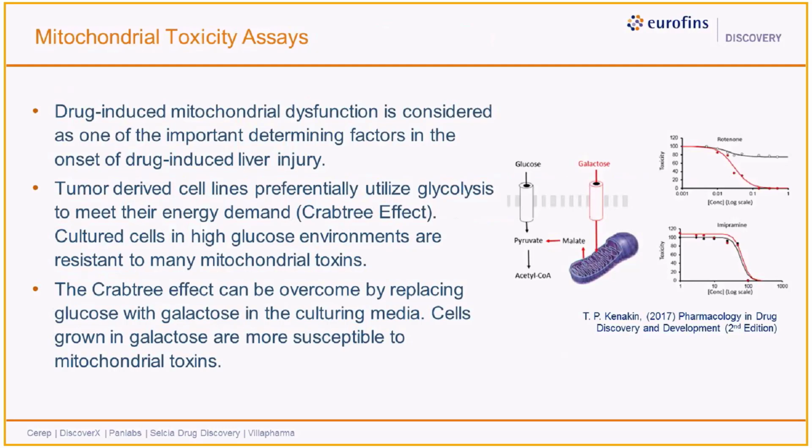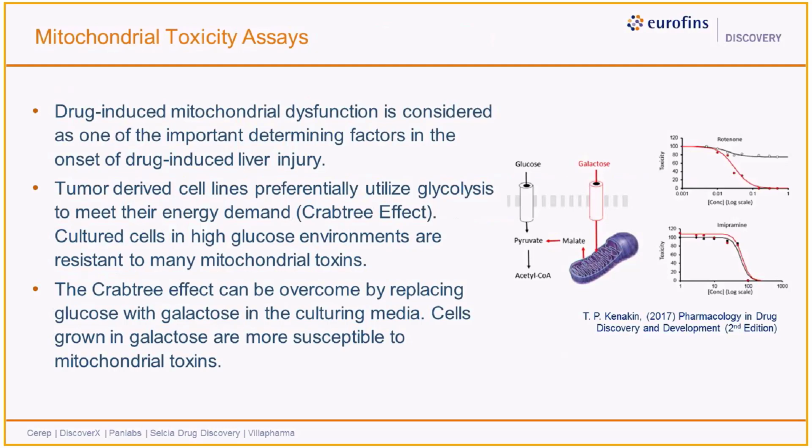When tumor-derived cells, such as HepG2 cells, are cultured in medium rich in glucose, they generate energy by glycolysis, which bypasses the mitochondria. They are resistant to many mitochondrial toxins. However, when the glucose is replaced with galactose, the cells are forced to use mitochondria to produce energy. Therefore, the cells cultured in galactose medium are more susceptible to mitochondrial toxins.